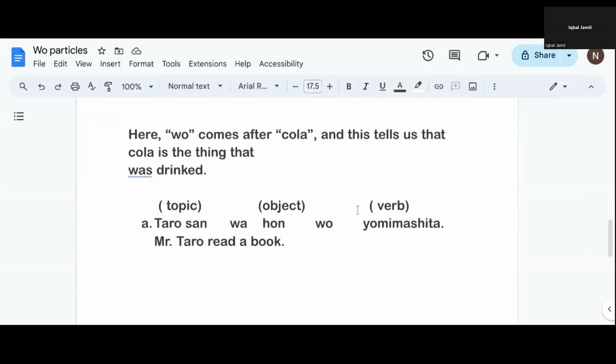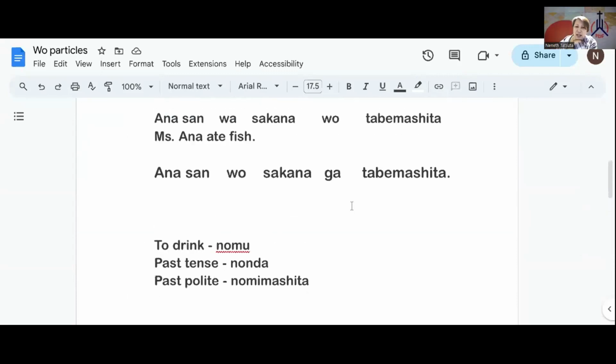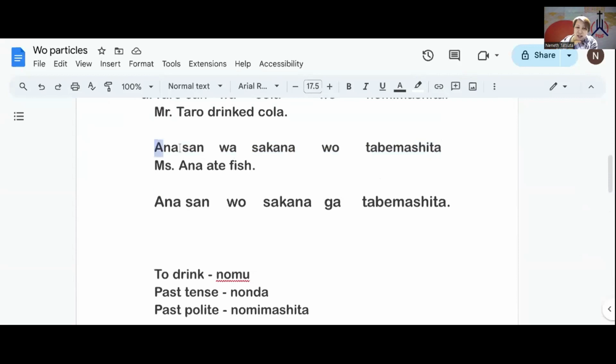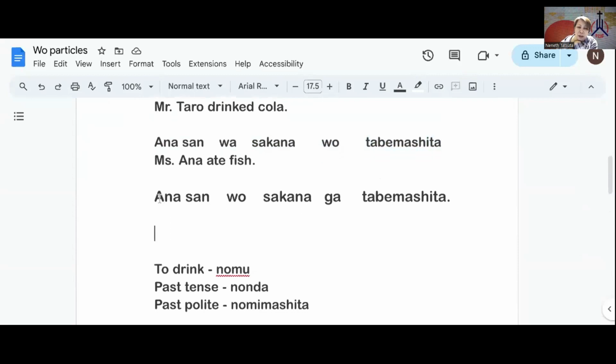Okay sister. Okay, so the answer here is, if here, Ana-san wa sakana o tabemashita, Ana-san is our topic. Sakana, the fish, is our object because it has the wo after the object. And then you have the verb. Now here, Ana-san is our topic.